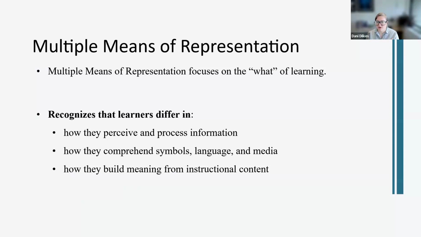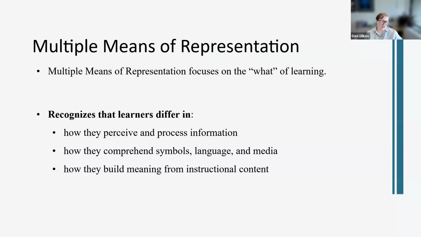When we talk about universal design for learning, multiple means of representation aligns most clearly with other accessibility guidelines or frameworks, like WCAG, the Web Content Accessibility Guidelines, which dictate what font sizes, colors, and font styles you should use. It does go beyond that, but when we think about accessibility through that digital accessibility lens, most of that falls into multiple means of representation.